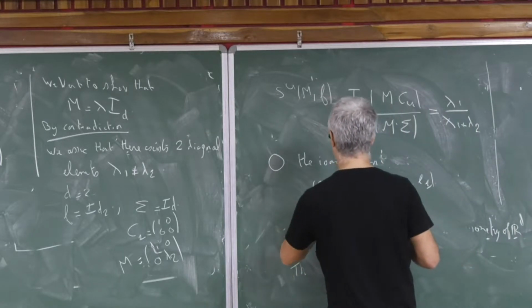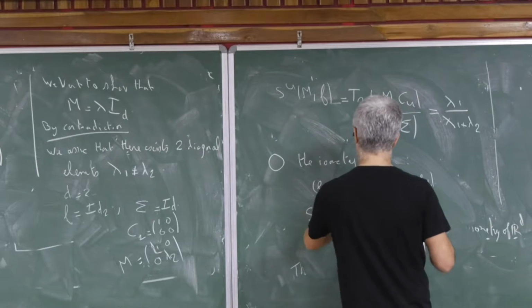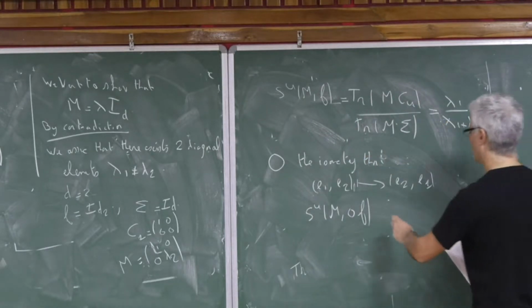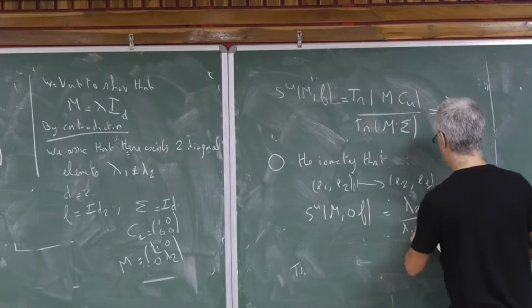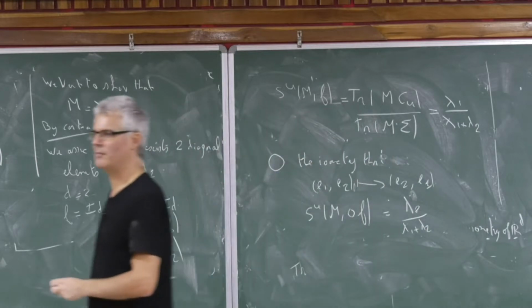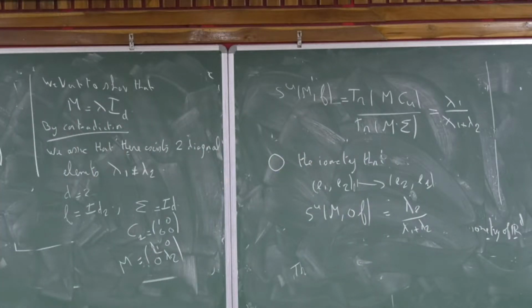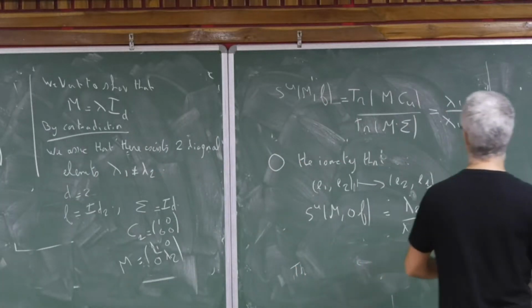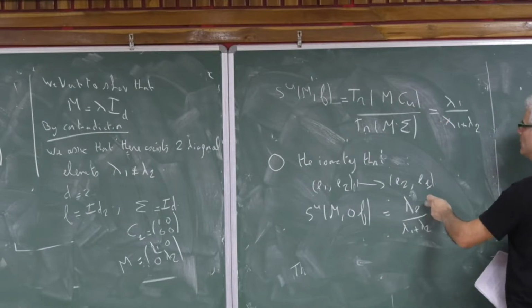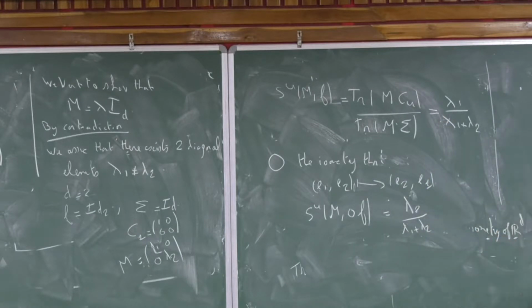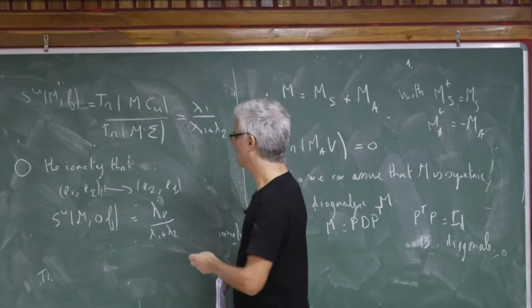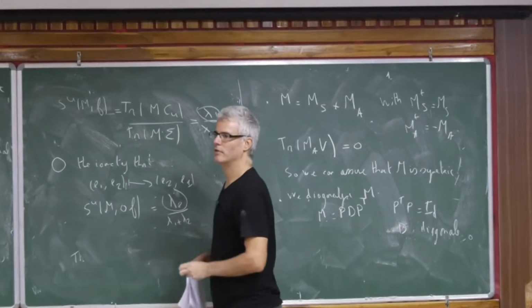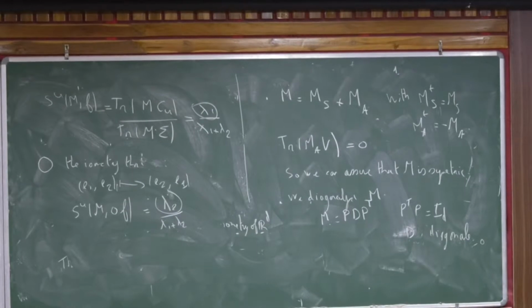If you do that, computing the index, you just have to replace lambda 1 by lambda 2 in the numerator. So if you want your index to be invariant by any orthogonal change of the basis, this is not possible if lambda 1 is different from lambda 2.